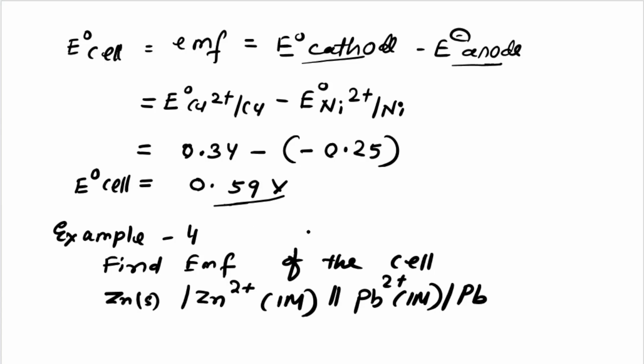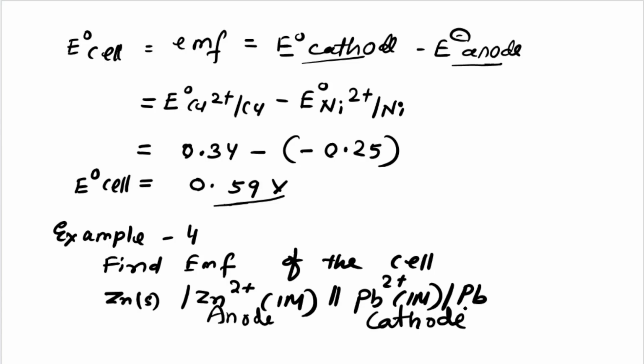Find EMF of the cell, where two half cells are given, one is zinc, the other one is Pb. From the cell representation, you can say the left part is anode, and the right part is cathode. That means from the cell representation you can be sure which is cathode and which is anode.